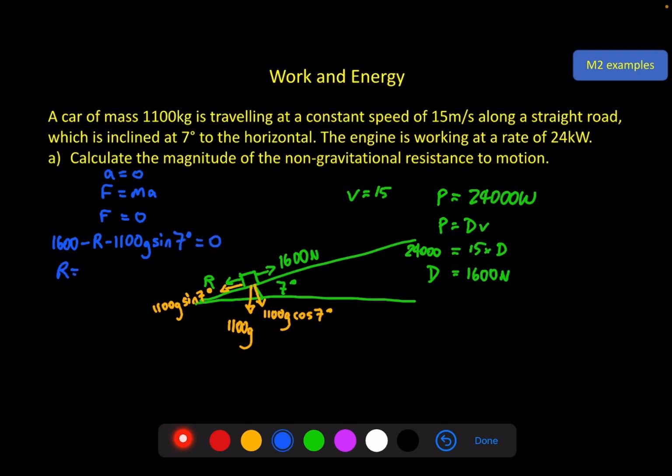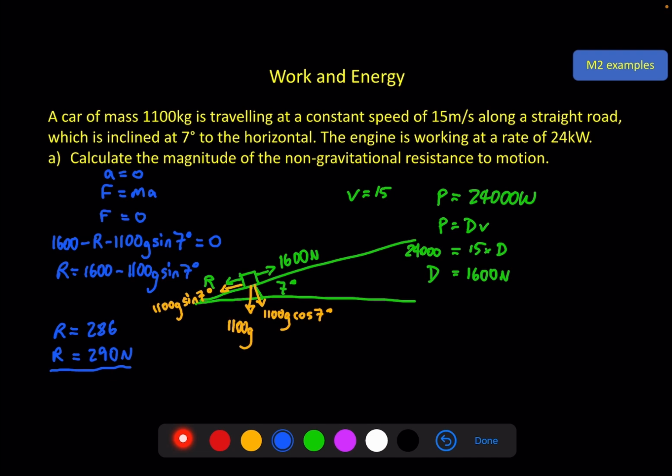So R must equal 1,600 minus 1100 g sine of 7 degrees. And if I put that on my calculator, with g as 9.8, I get 286.24... newtons. 286 to two significant figures, 290 newtons for the non-gravitational resistances to motion.